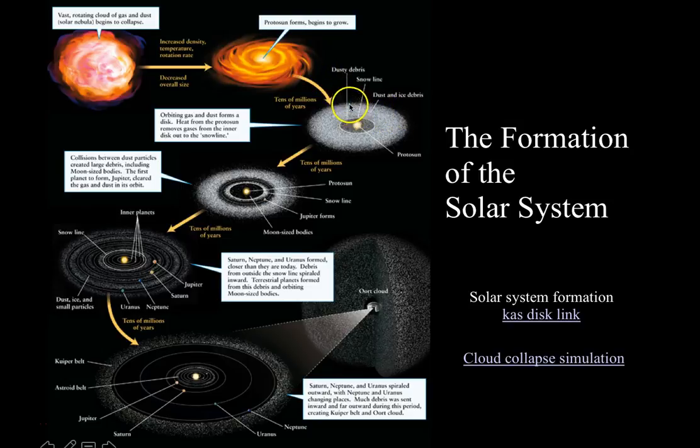The next step in the process is, as the collapse continues, especially in the center where the protostar or protosun is going to occur, there's going to be a temperature gradient between the center and the outside. It's going to be hotter on the inside and cooler on the outside. That's generally because in the center there is more material, it's denser, and when things become more dense, they become hotter.